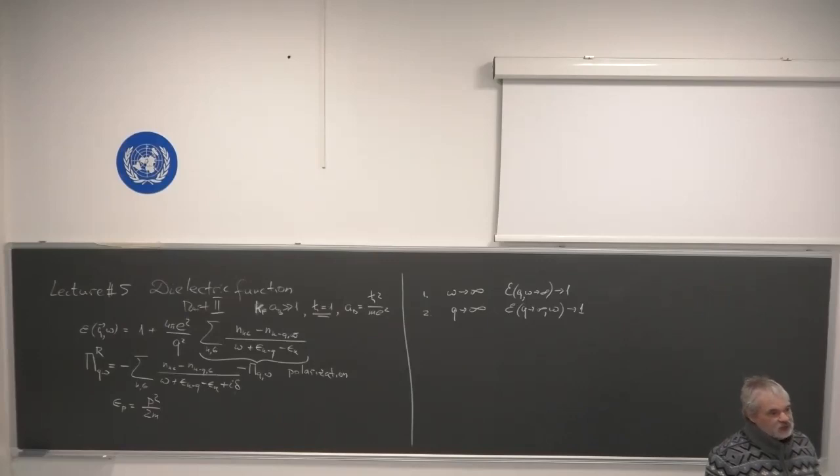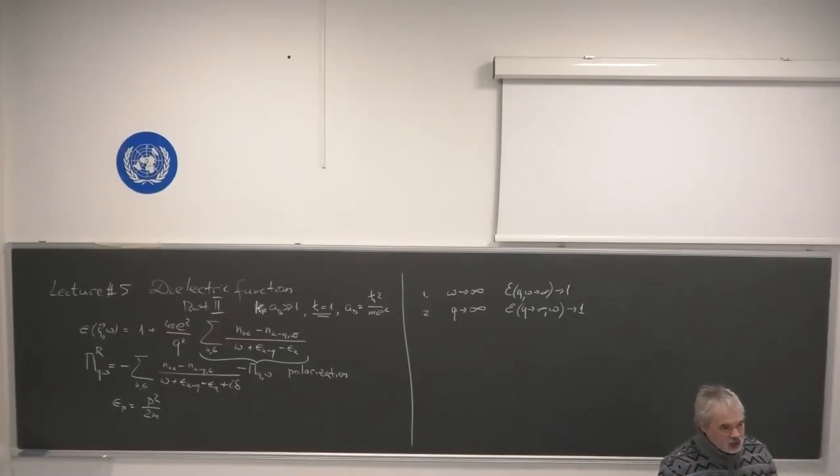And the second limit, when we first put omega equal to 0, and then consider q being small. Although it sounds a bit silly, you will see that these two limits do not commute. And the reason for the non-commuting properties lies deeply in the properties of the many-body system. And you will get a different result depending on which variable you put first, omega or q.